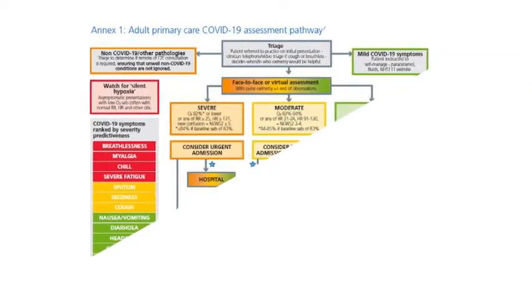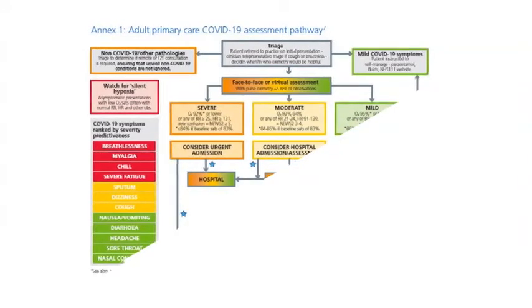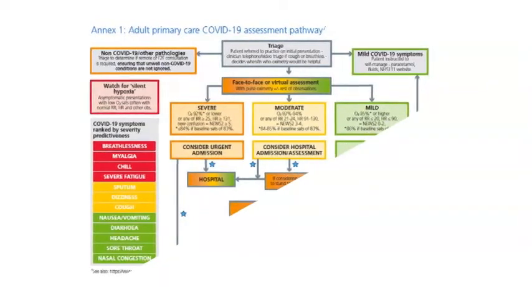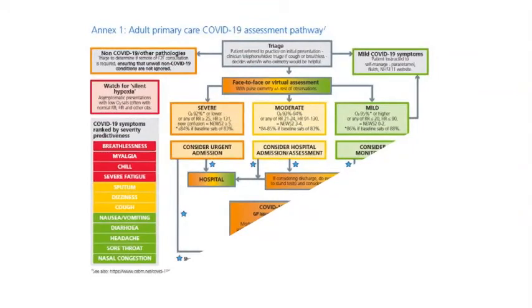And they put severe a bit lower than the 92 used in this algorithm: if less than 90% oxygen saturation, this means that the patient has severe pneumonia, and if the respiratory rate is more than 30 per minute, it is also severe.